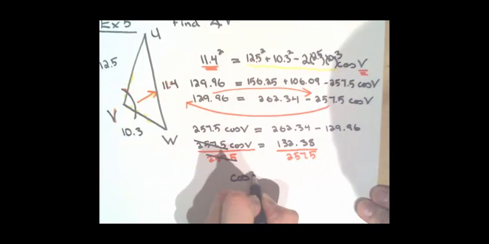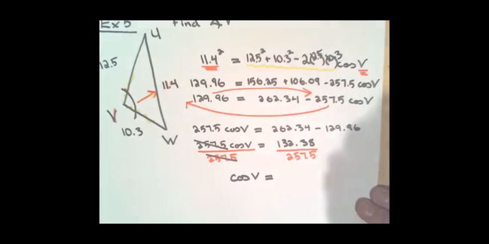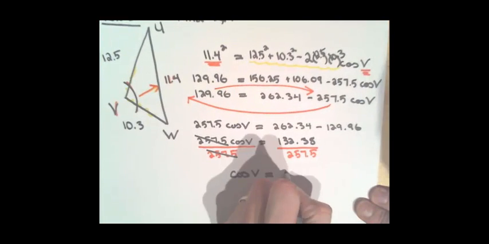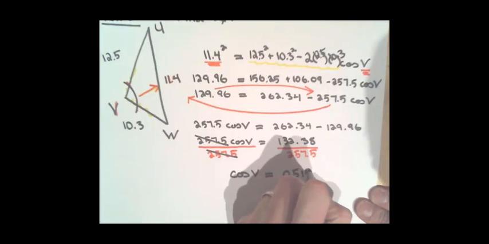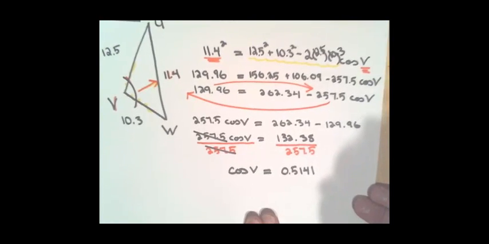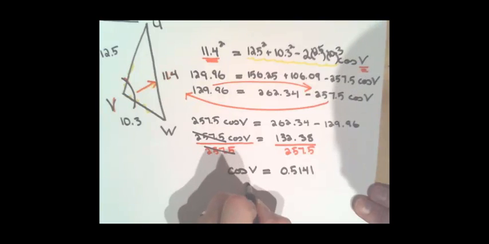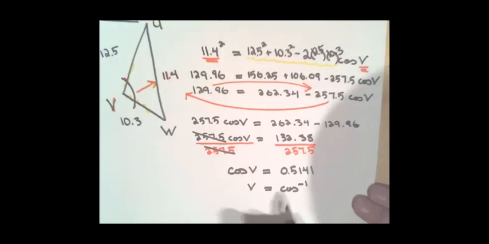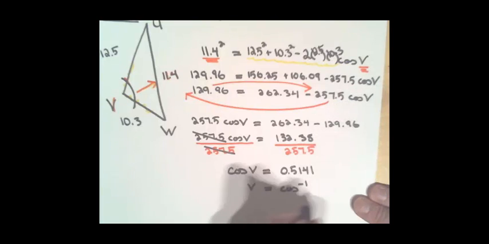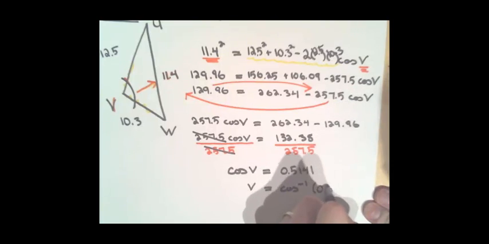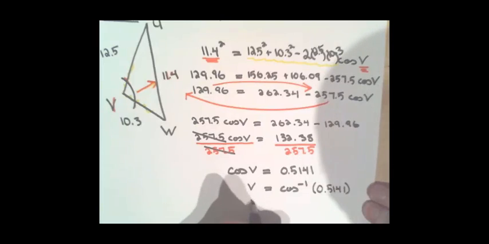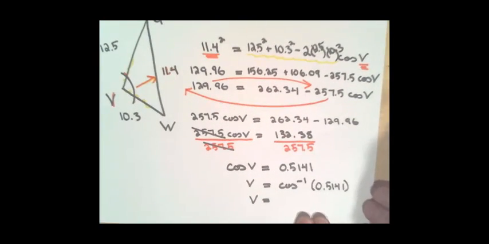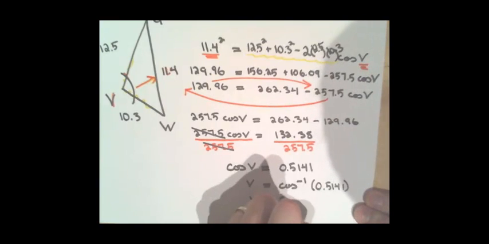You're left with cos of V. And that equals 0.5141. Grab that calculator of yours. And you do the inverse cos. So this means inverse cosine, inverse cos of 0.5141, and you find out that V equals 59 degrees.